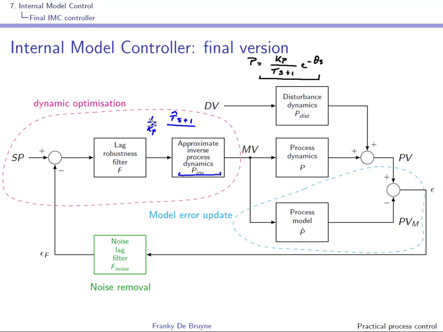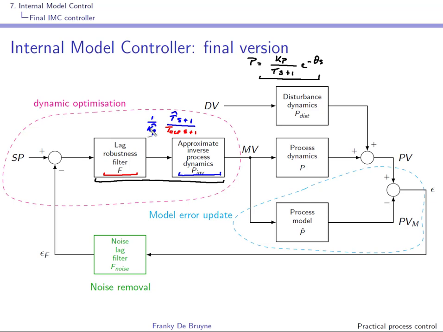Well, this we cannot implement because the relation is not proper, but if we add a lag filter, and we'll draw it over here, we can give it a time constant T closed loop s plus 1, right? We have here the overall transfer function that takes into account the lag filter and the approximate inverse, and you can see that we have something similar to what we had obtained for the step 3 controller.